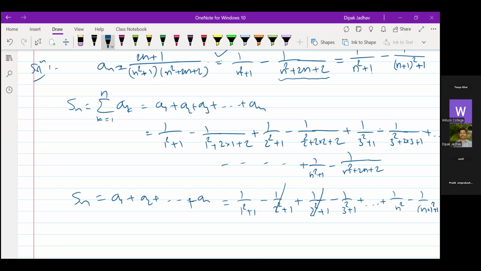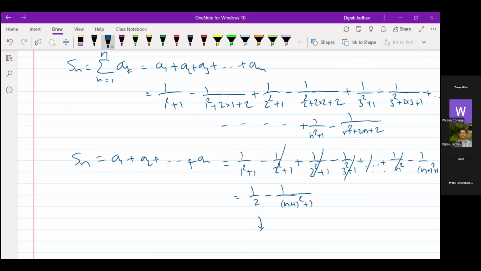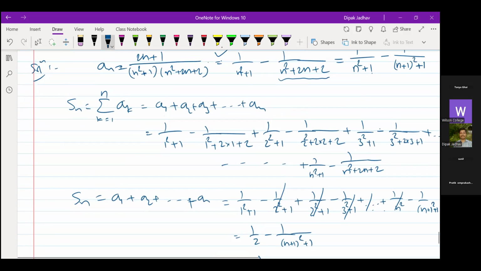So you can see the terms are getting cancelled easily. What you are left with is 1 upon 2 minus 1 upon n plus 1 whole square plus 1. It's easy to compute the limit. It will go to 1 by 2. Is it okay? Yes, because sometimes you may need to simplify a bit further.